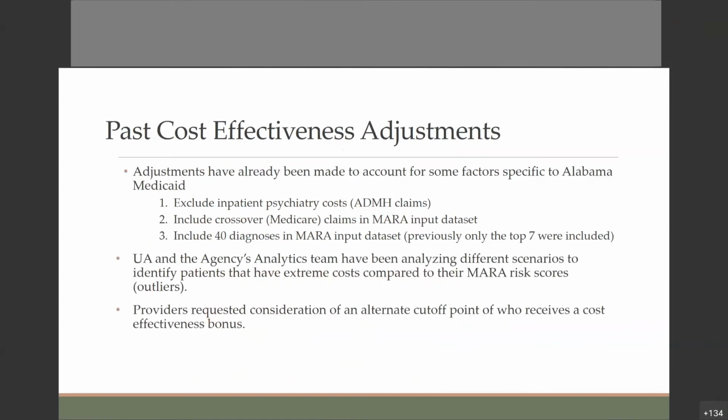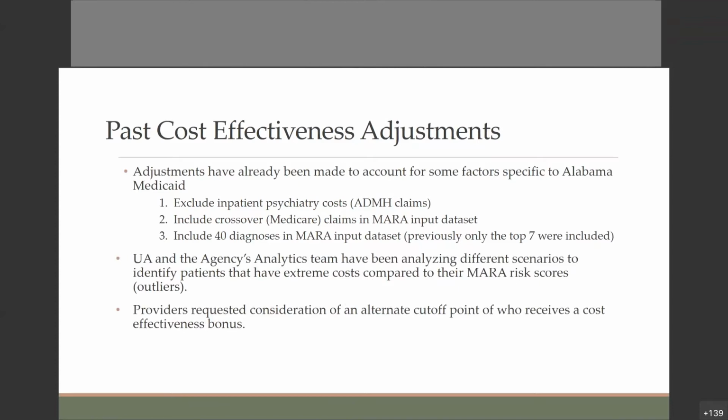All right, and so in the past, I just want to review real quick some of the cost effectiveness adjustments that we've made in the past. And a big part of this has been having the conversations with the providers and our multiple calls and hearing what it looks like in your practices and how that translates into data.